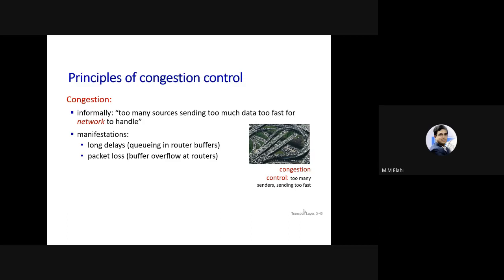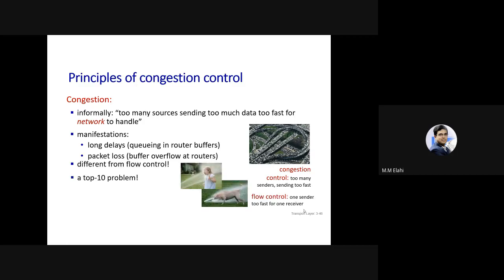And also, even if we increase the buffer size, memory is limited. So after the memory is full, the packets will be lost. So this can happen, and definitely we have to control the congestion. Who will control this? TCP can control this, and it is one of the top 10 problems in the world.